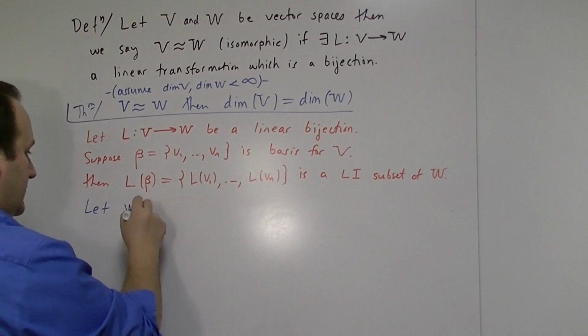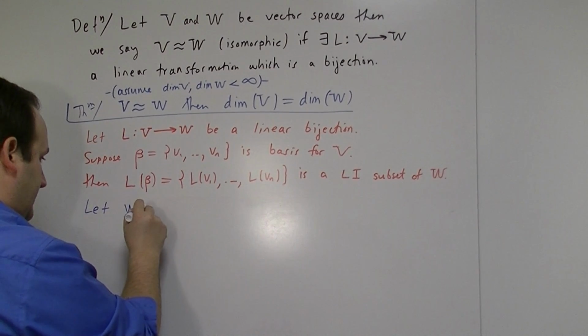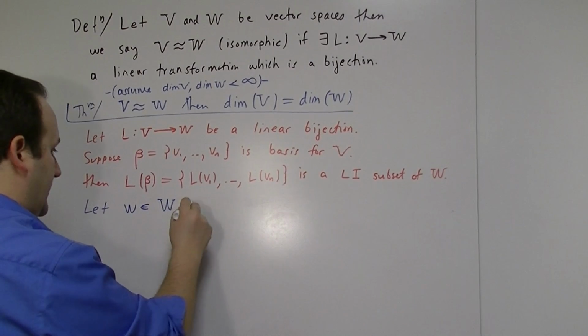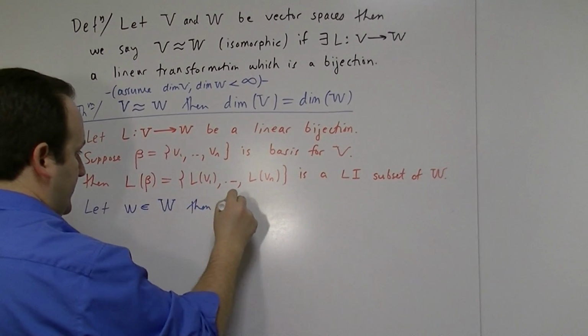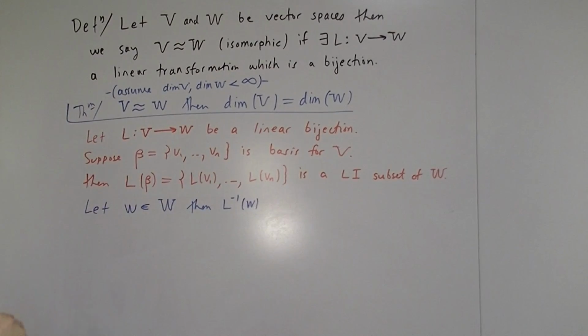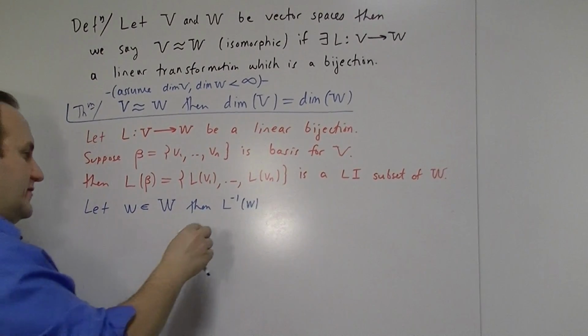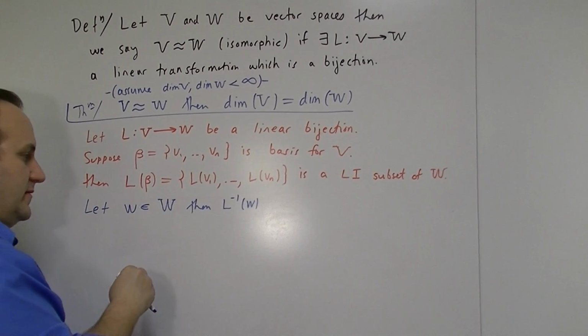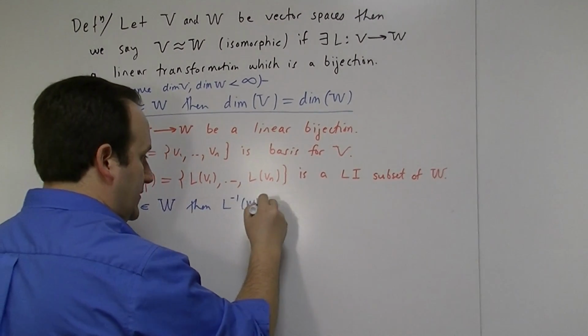So let w be an element of big W, then L inverse of w, and we can, I mean, it's an invertible mapping, right? It's a bijection, which means it's invertible. In particular, we can calculate the inverse image under the inverse mapping of w. And that is an element of what?